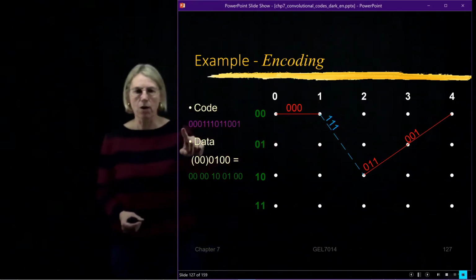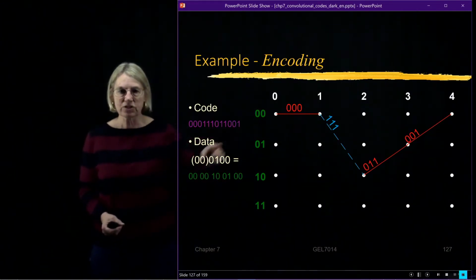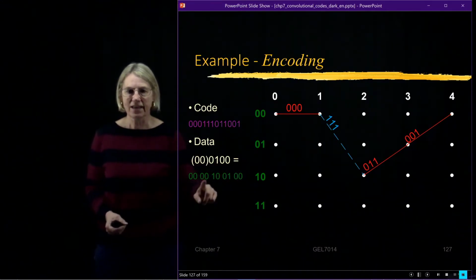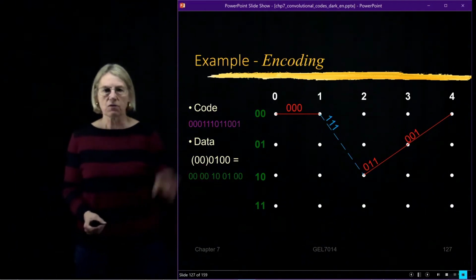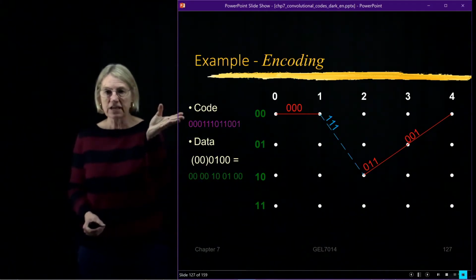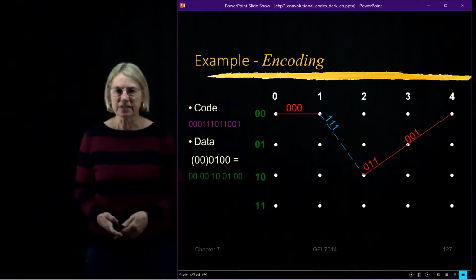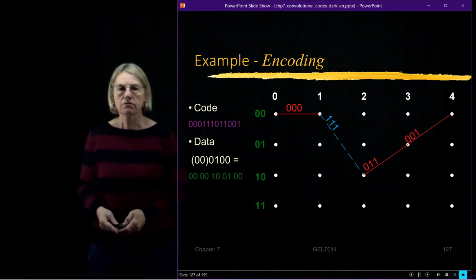So here I have the output of the encoder in terms of the code that's transmitted. And if I wanted to look at how the states were changing, I was at A, then down to C, up to B, back to A. So we have a representation of the output of the encoder, the input to the encoder, and the states of the encoder during this process. So this is one example for encoding.